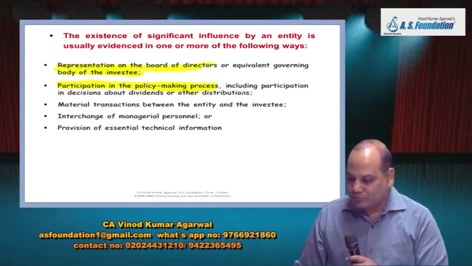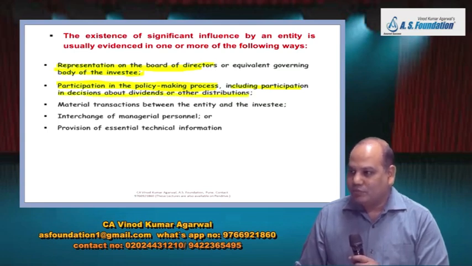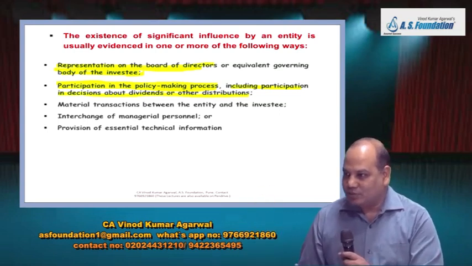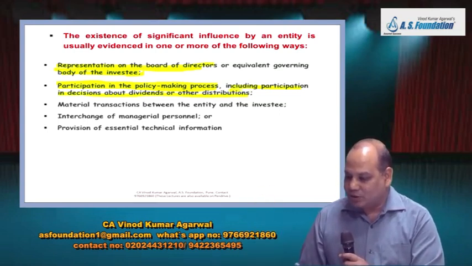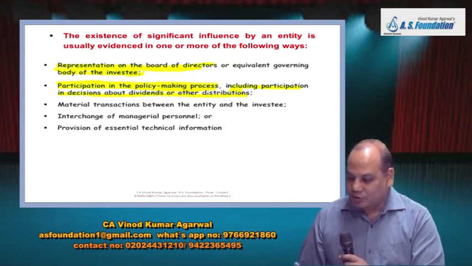These people take important decisions relating to the company because the board of directors cannot meet frequently. So some task is assigned to a group of people, and they are called committees. So if you are participating in one of these important committees, you are influencing the decision making process.